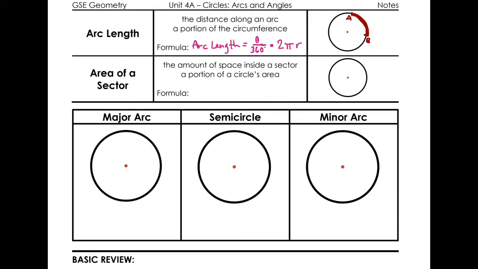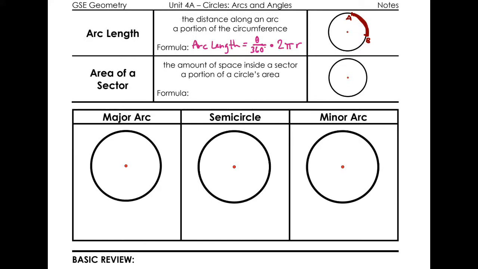Hopefully you remember that a full circle is 360 degrees, and half of a circle is 180 degrees. So an arc that is about half of that is about 90. It makes sense for this to be about 90, 92, 89, something in there. But that degree you wouldn't guess, it'd be given. You would put it here, divide by 360, and multiply by 2 pi r. Like I said, we'll talk about that when we get to it.